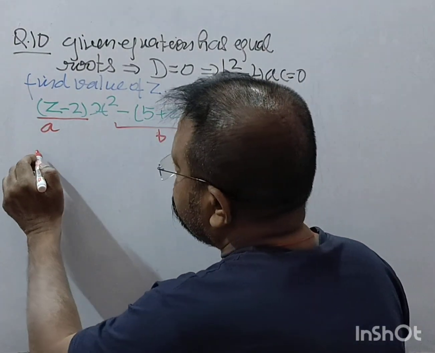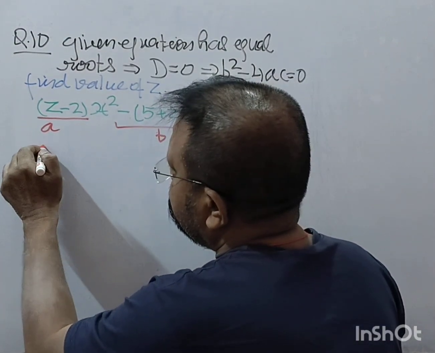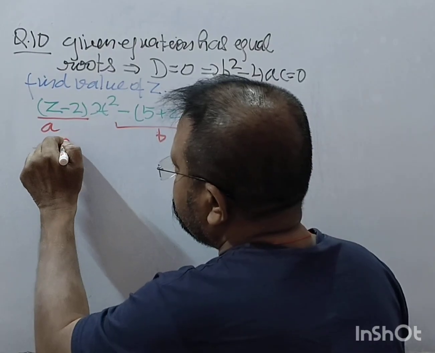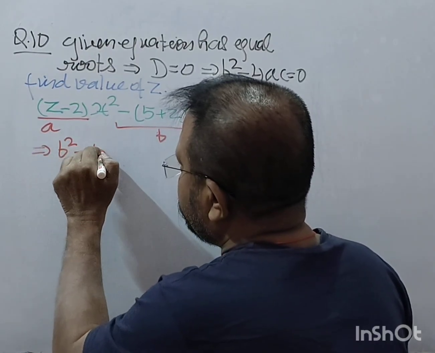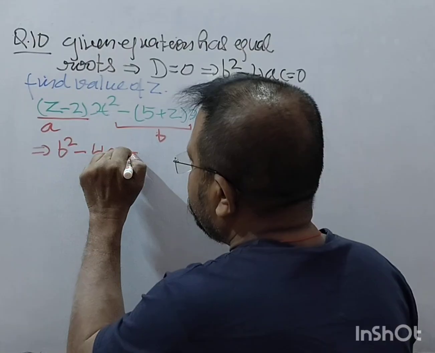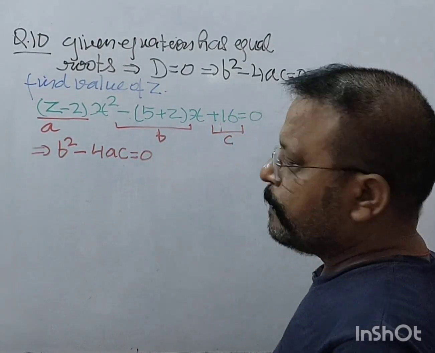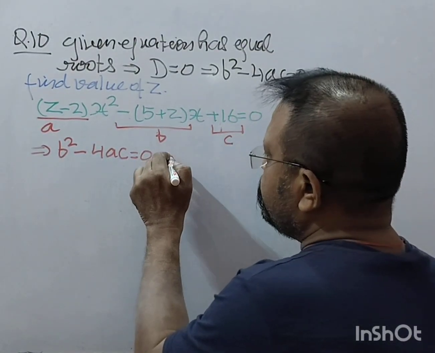As we know, b square minus 4ac is equal to 0. Now we substitute the values.